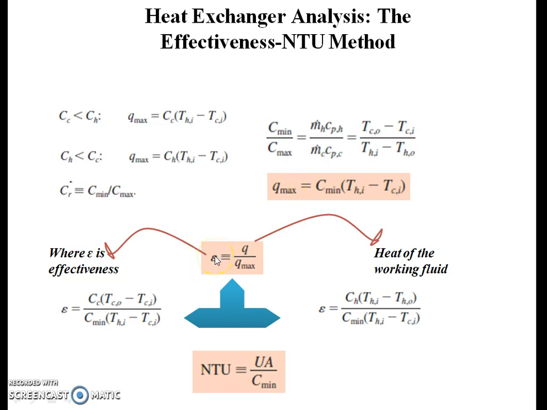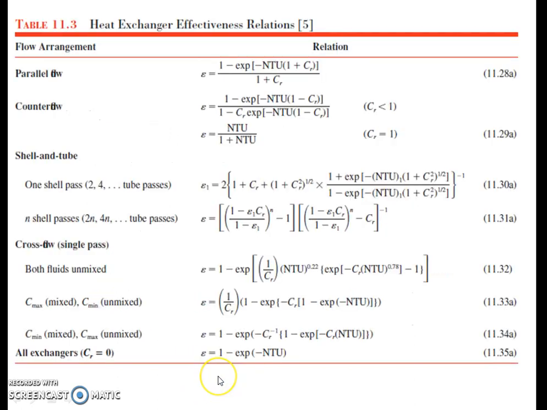This effectiveness will help us calculate the NTU by using these tables. So we have effectiveness, NTU, and capacity ratio, where all these flow arrangements depend on these three parameters.